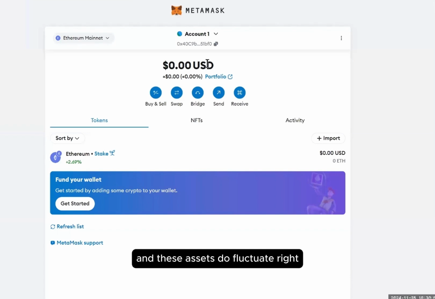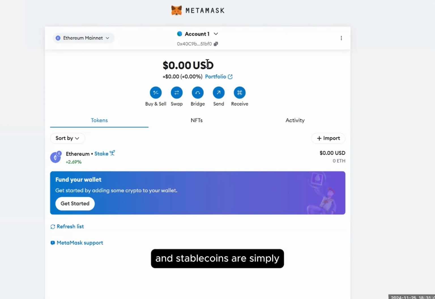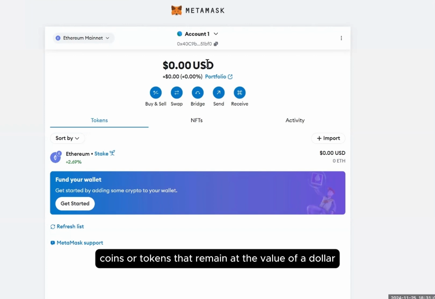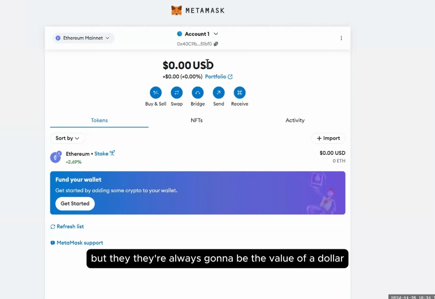And these assets do fluctuate, right? Reason why we interact with things called stablecoins. And stablecoins are simply coins or tokens that remain at the value of $1 for the most part. Sometimes they fluctuate within the cents, but they're always going to be the value of $1 essentially.